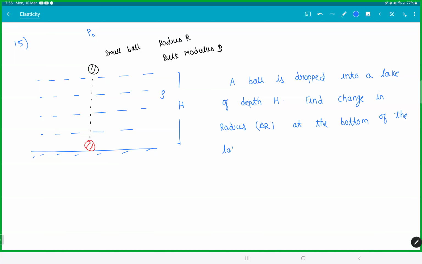Again, remember, there's only one formula taught you. Bulk modulus is minus dp by dv by v. And assume the delta R is very, very small. In real life, it is actually very small. How do we do this? Try.